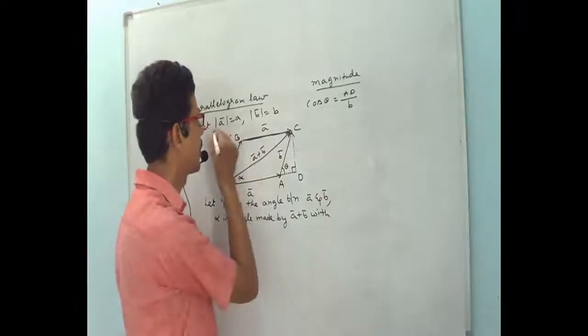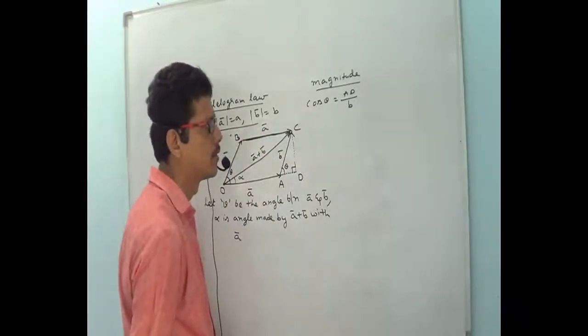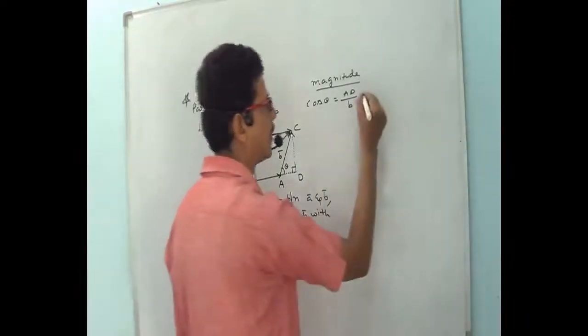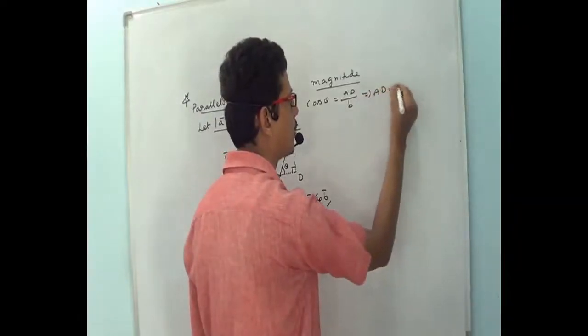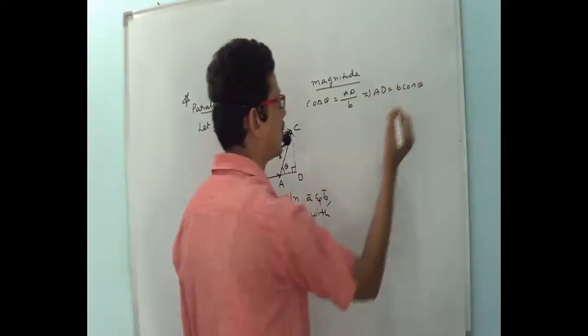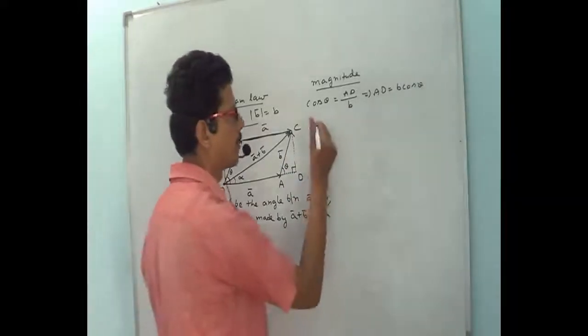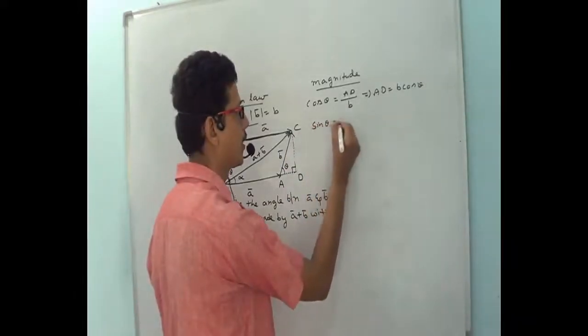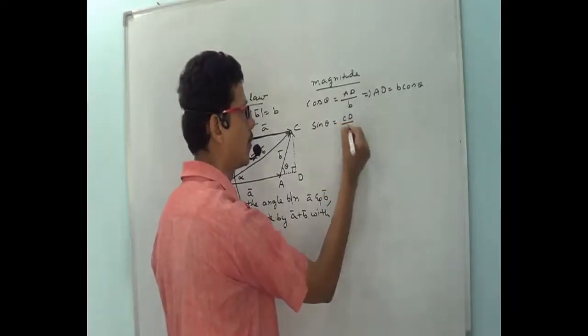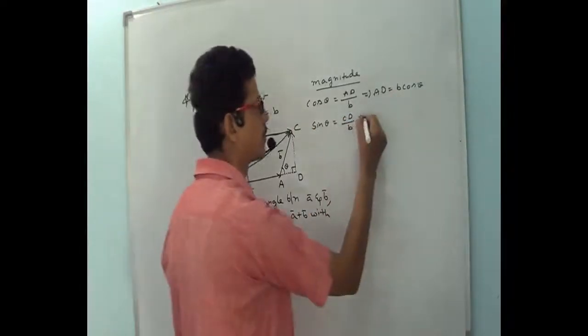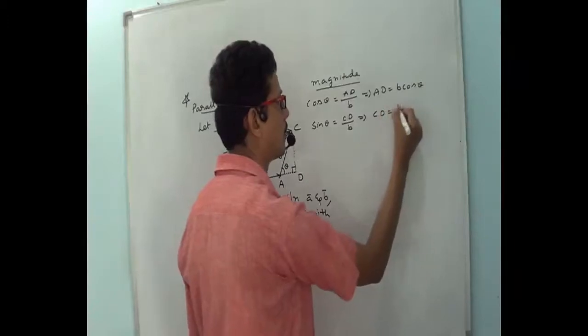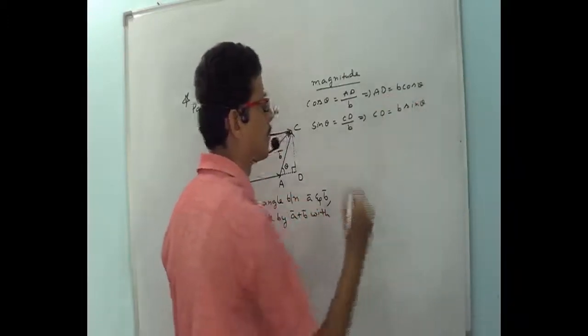It is A. That is also our assumption. So what is AD then? AD is B cos theta. And similarly I can write CD as B sin theta, because sin theta is opposite side by hypotenuse. So this CD is nothing but B sin theta.